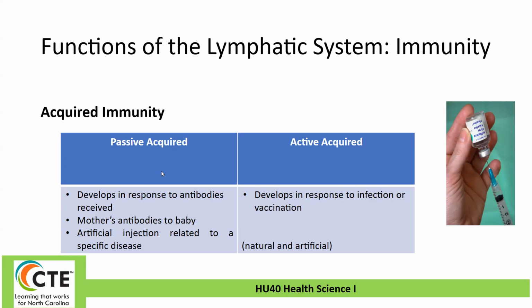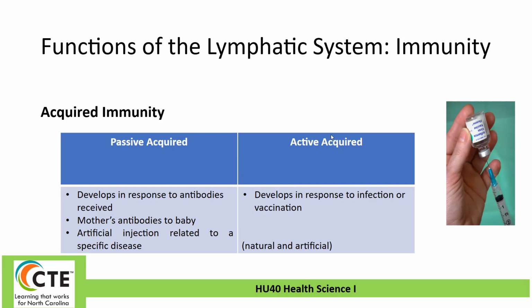And then you have your artificial injections related to a specific disease. The one that comes to mind is meningococcal. That vaccine is in a shot that you can take as a child, and then it gives you resilience to that bacteria in the future.